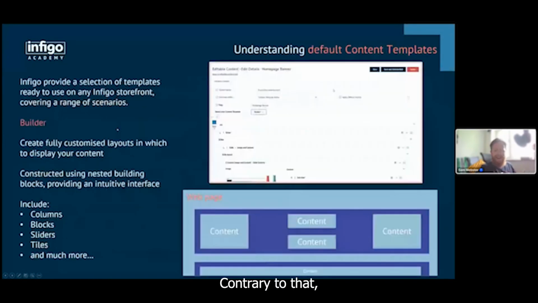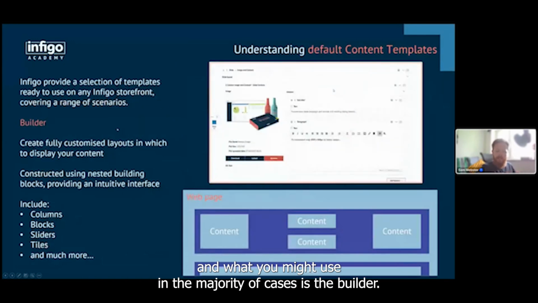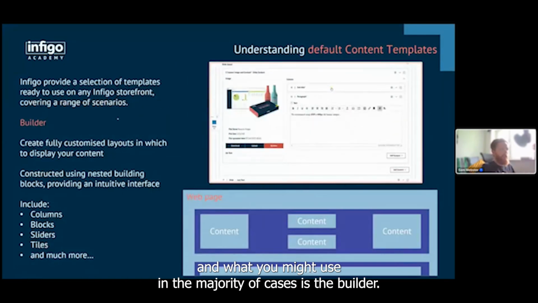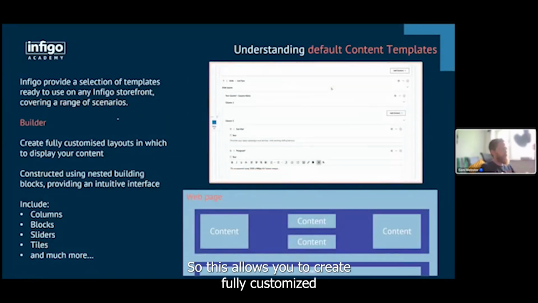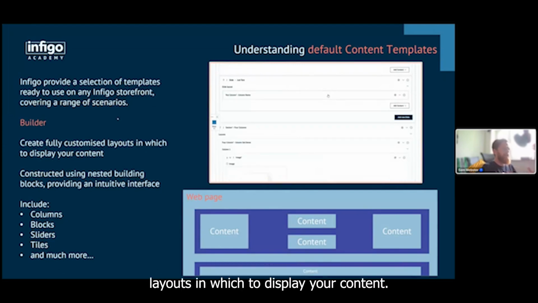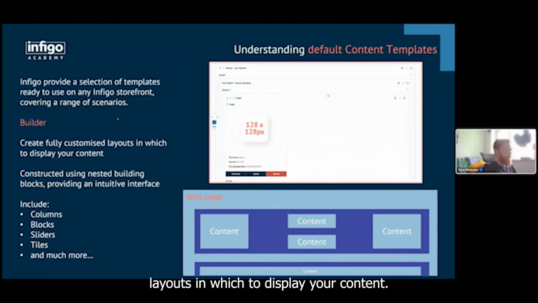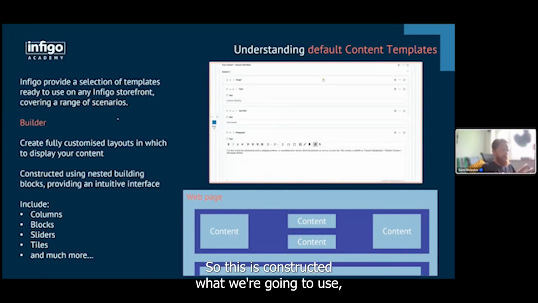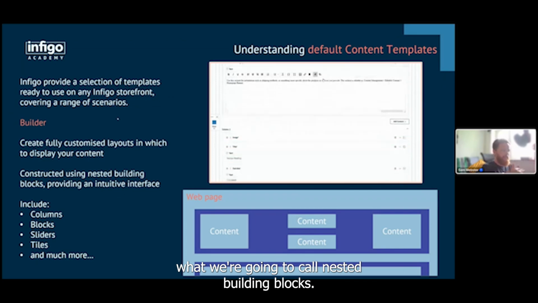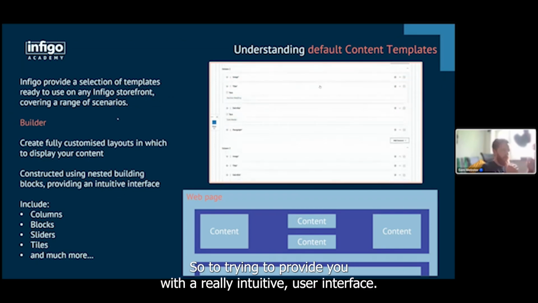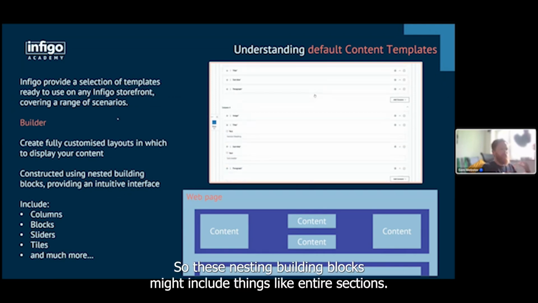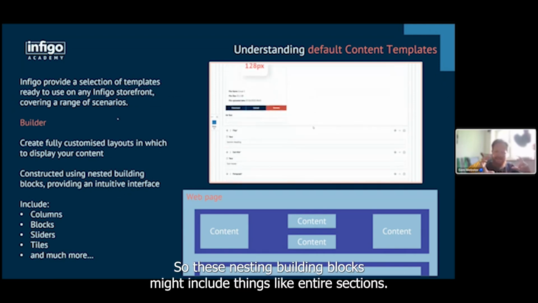Contrary to that, and what you might use in the majority of cases, is the builder. So this allows you to create fully customized layouts in which to display your content. This is constructed from what we're going to call nested building blocks. So they're trying to provide you with a really intuitive user interface. These nested building blocks might include things like entire sections.